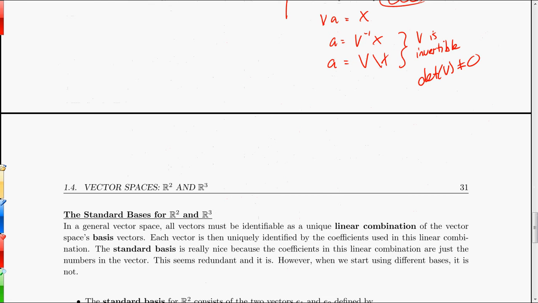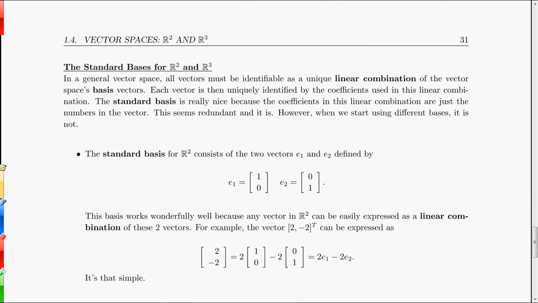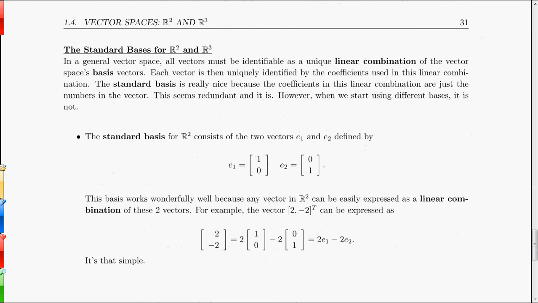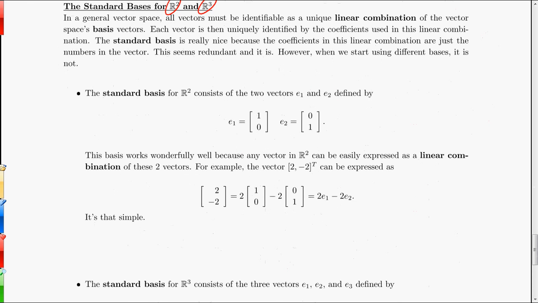All right, so let's take a look at the standard bases for R2 and R3. They're so standard and they're so easy to use. They're fantastic bases, and you'll see why in a second. In R2, the standard basis looks like this. E1, that's the first vector. E2, that's the second vector.